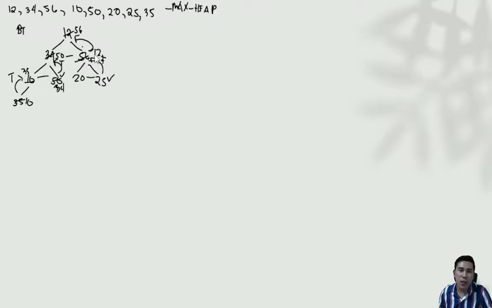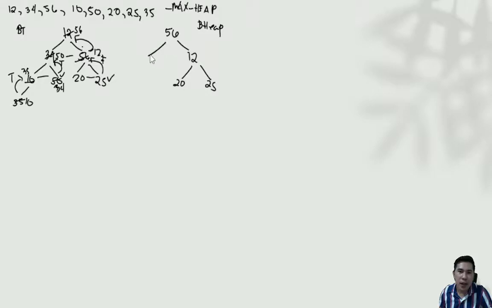Okay, let's check whether the binary tree is now a binary heap. So you have here 56, here 12, then followed by the children 20 and 25.